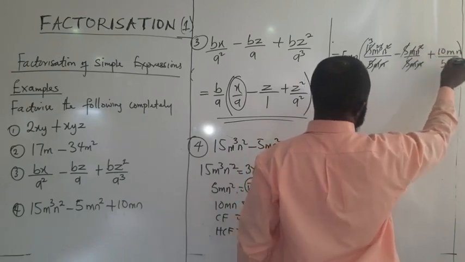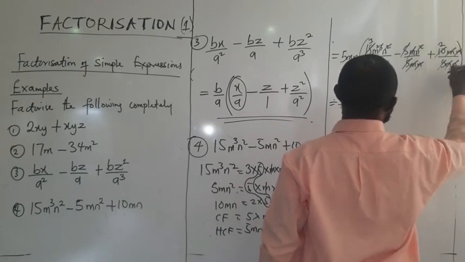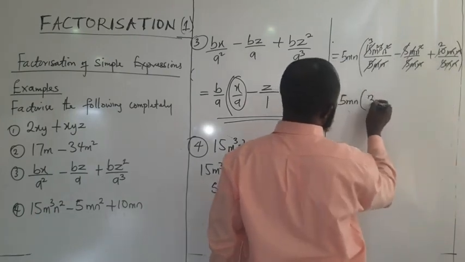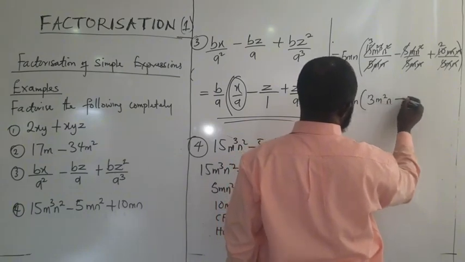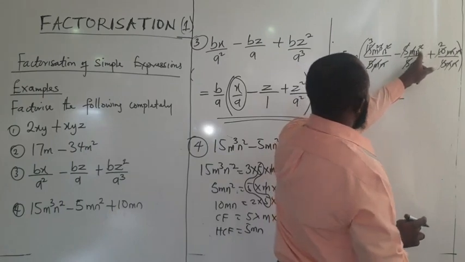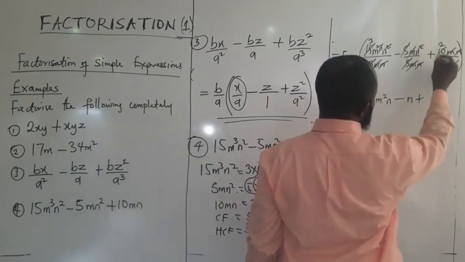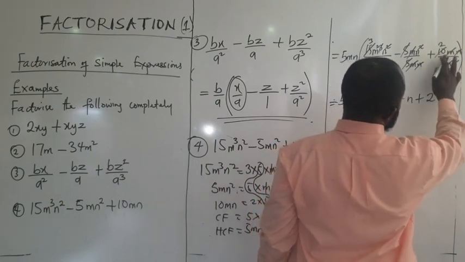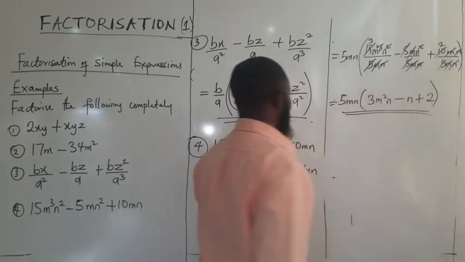N cancels the square. 5 here 1, 5 here 2. M cancels m. N cancels n. So what we have left there is 3m squared n minus, everything here gone except n, right? Hope you are getting it. Plus 2, nothing again. That is the answer. Is this very clear?